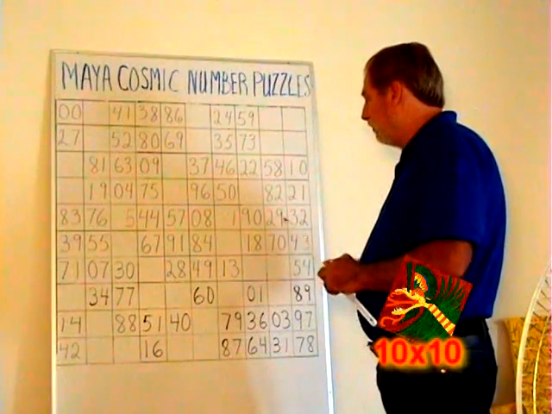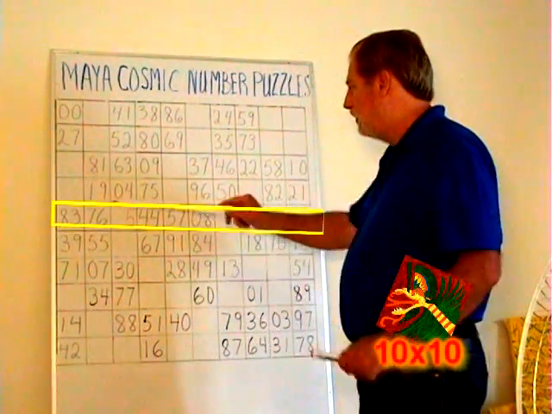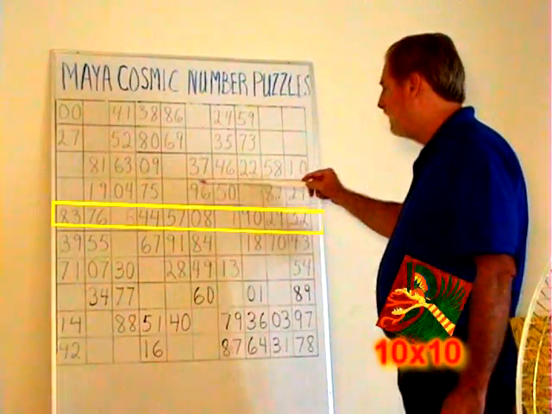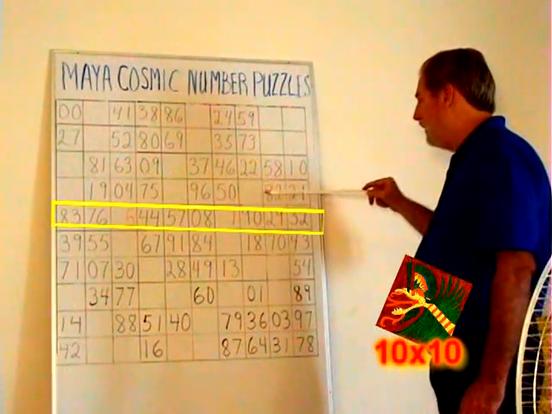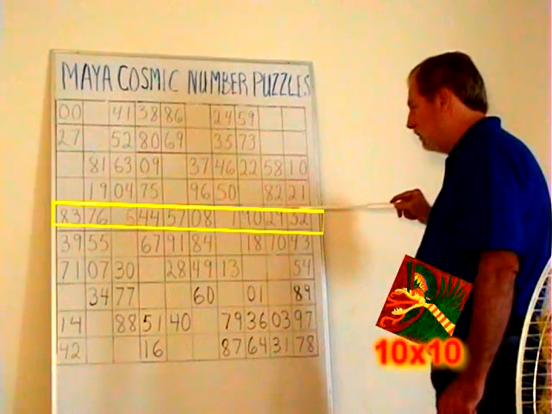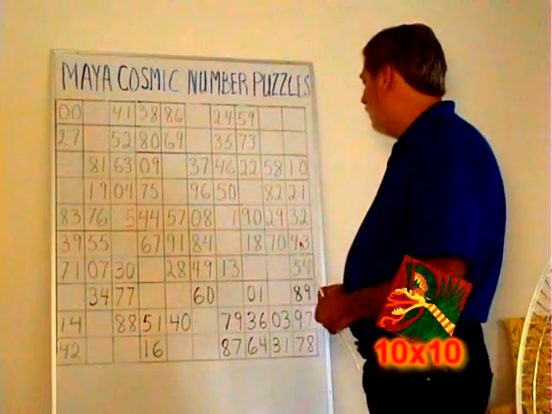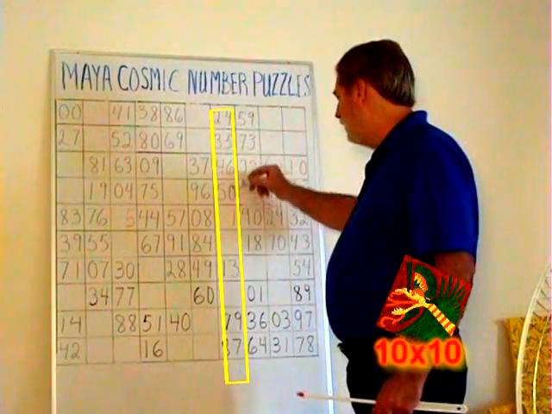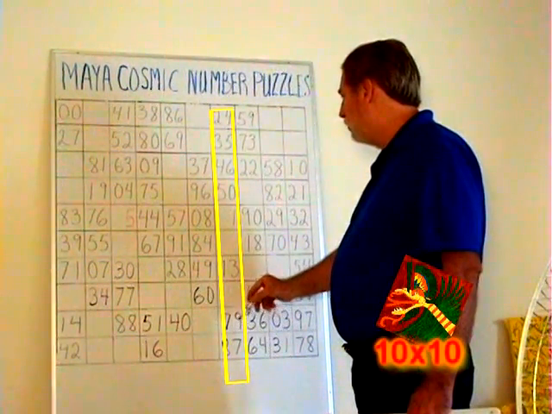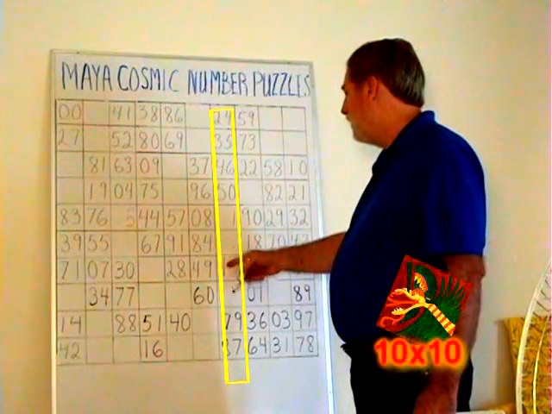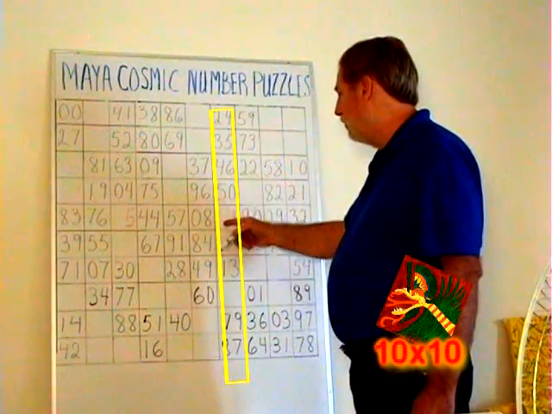Then for the numbers on the left side, we see that we have an 8, a 7, a 5, a 0, a 9, a 2, and a 3. We are missing a 1 and a 6. When we look at the rows and columns that correspond with this row, we see that we already have a 1 here. So the 1 is not going to go here.